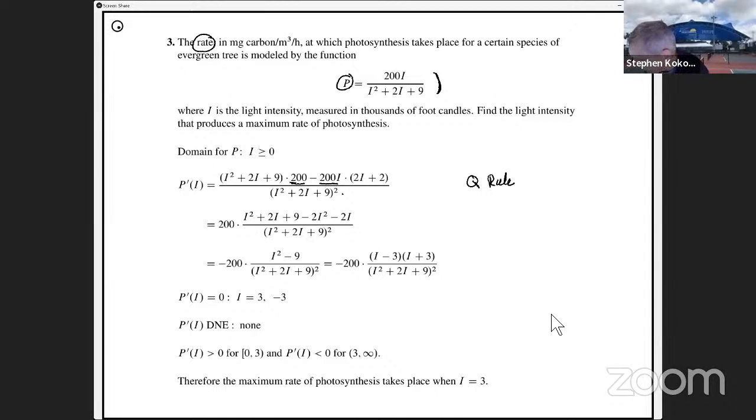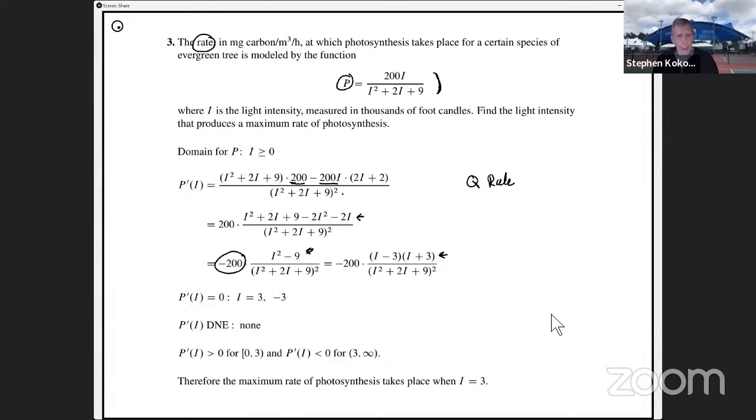In the interest of time here, Curtis, I'm going to do a little bit of simplifying in the numerator. And some good things happen here. I can actually factor out a minus 200, and in the numerator I'm left with I squared minus 9, which I can factor. That's the difference of two squares. Now the way that I attack this one is I've got to find the critical points.